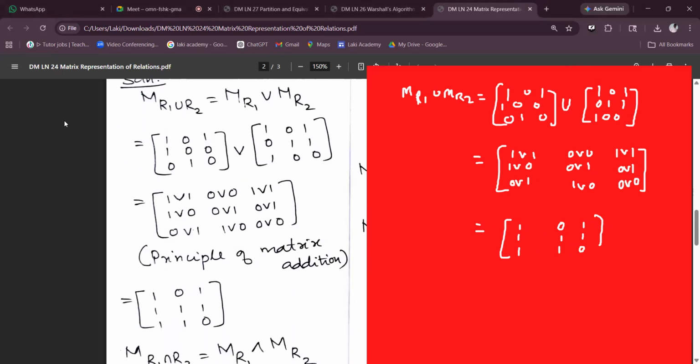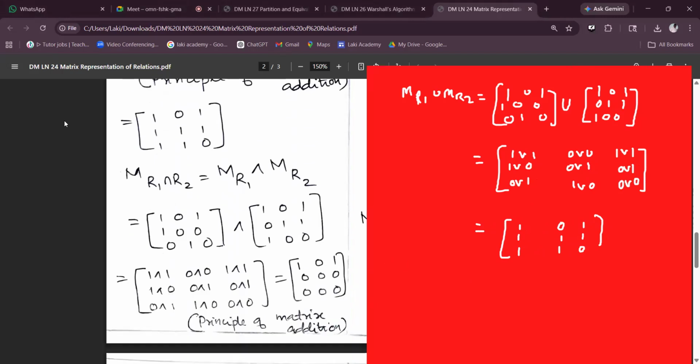Here you are doing what? OR operation. You know, AND operation in intersection. This is OR operation. You know OR operation? 1 or 1 is 1, 1 or 0 is 1, right? 0 or 0 is 0. For union, take OR.